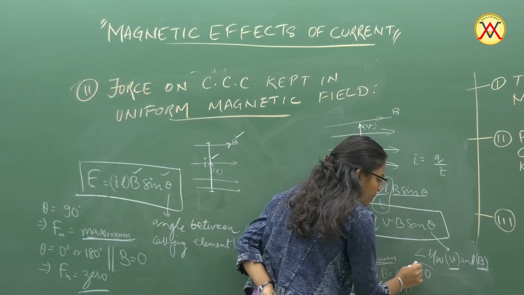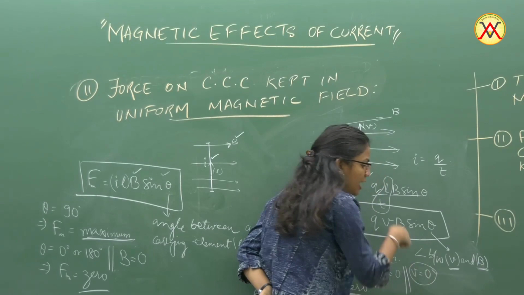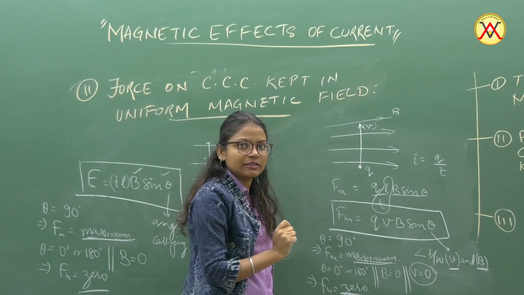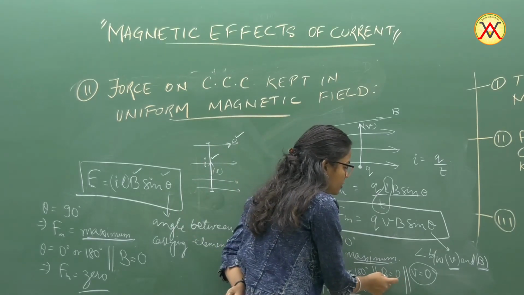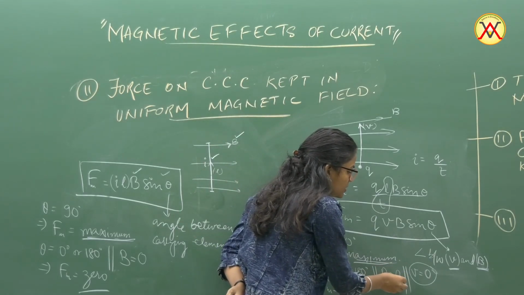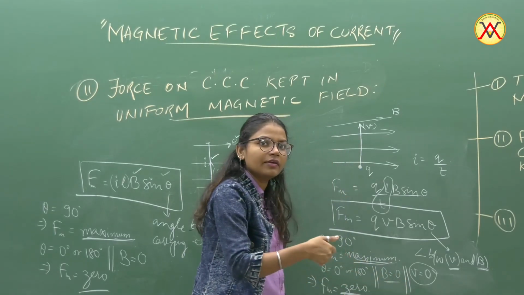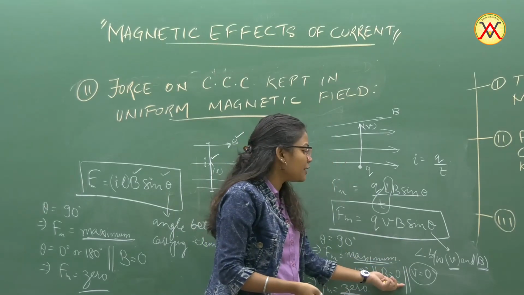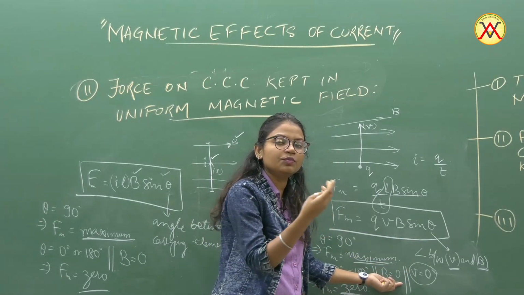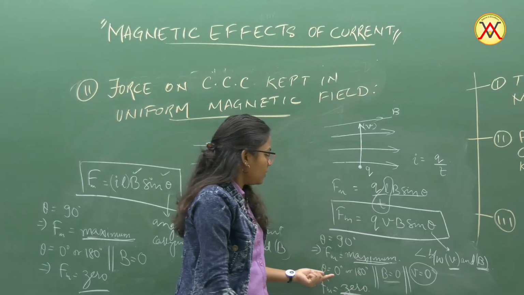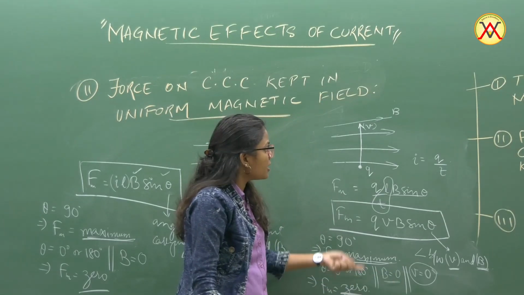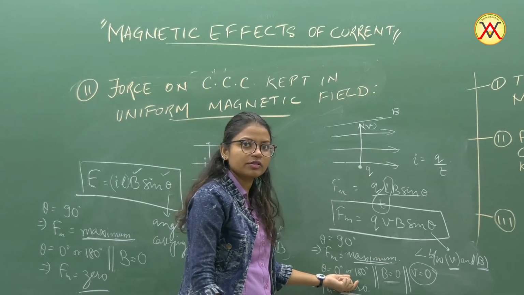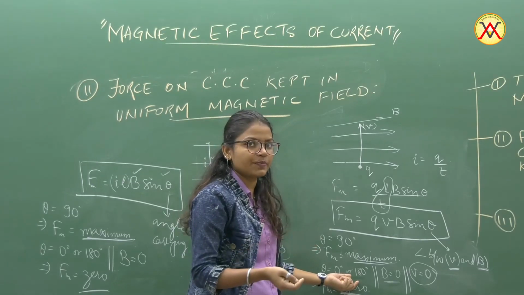It is for this reason that a charge at rest forms only an electric field, not a magnetic field. A charge kept in any space having no magnetic field will experience no force. There will be nothing that could move that charge. And whenever we place that charge in the direction or opposite direction to a magnetic field, at that time also the charge won't be deviated from its path.